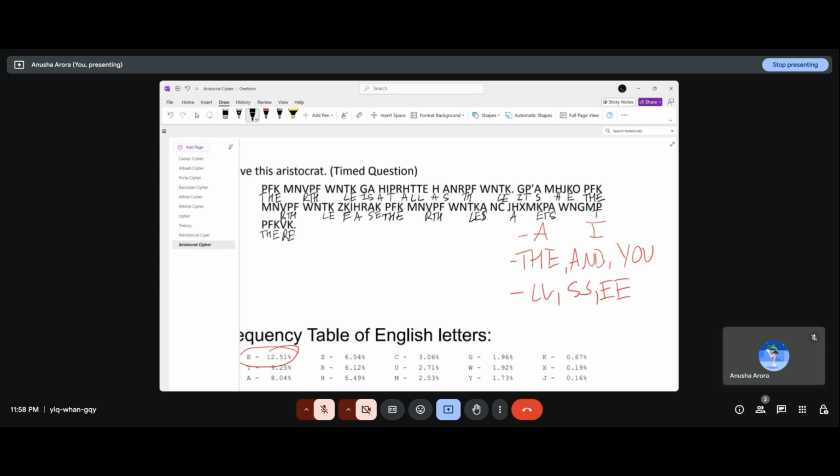Okay, so I'm looking at this right now, and we see this phrase is repeated a lot. We see it here, here, here, here, and here.